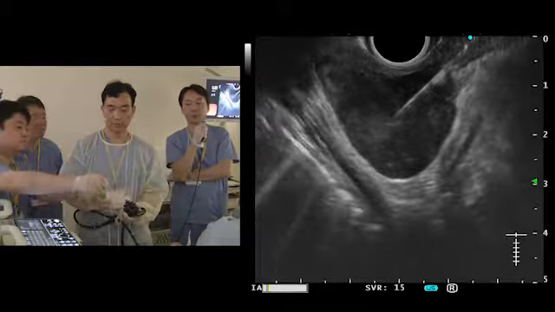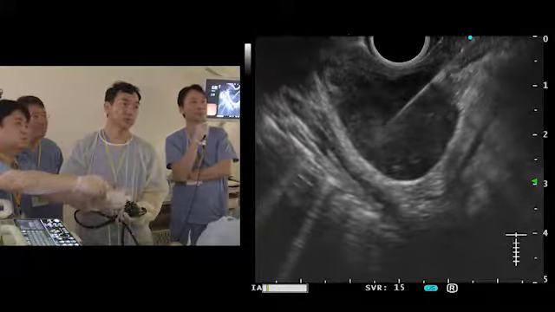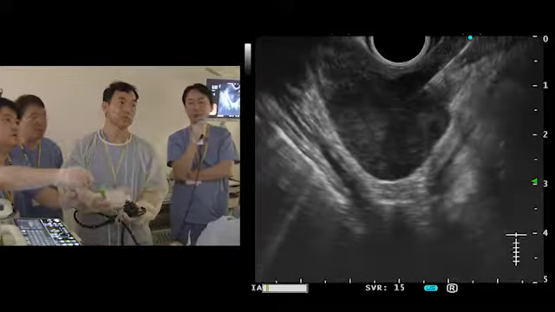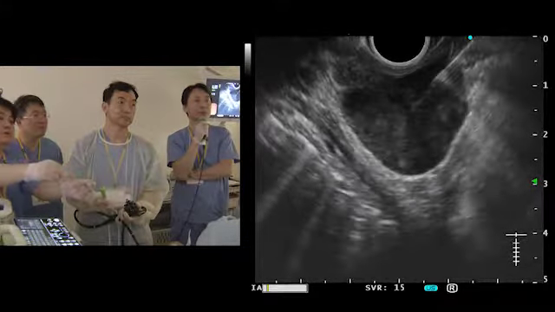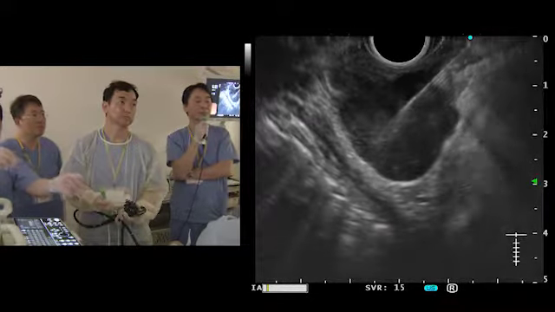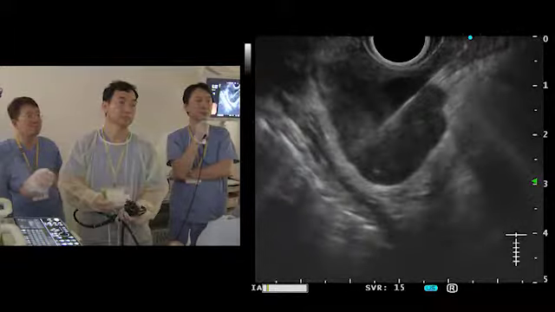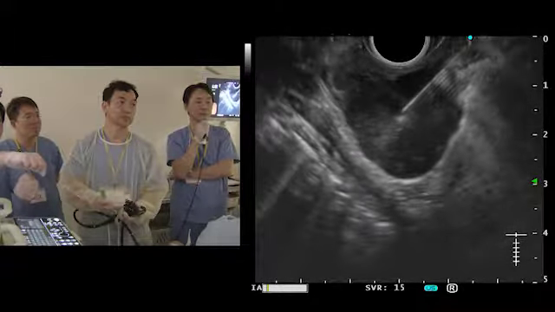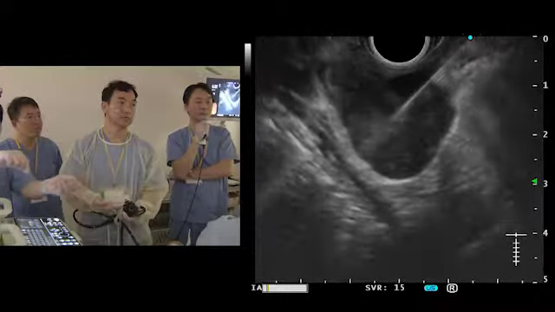Push first, and then we're going to do a slow pull. Slow pull. Yep. And you go with a to-and-fro motion. Oops. Try not to go through the tumor.